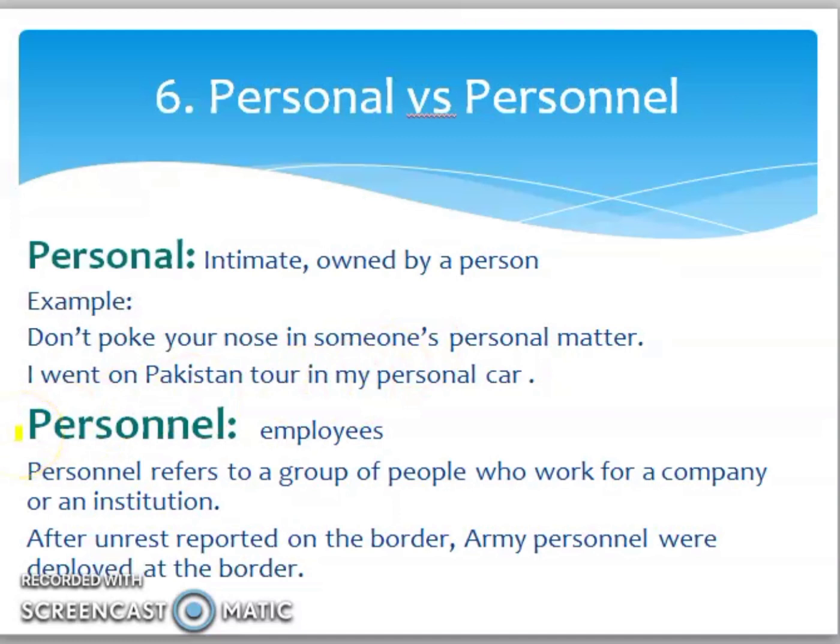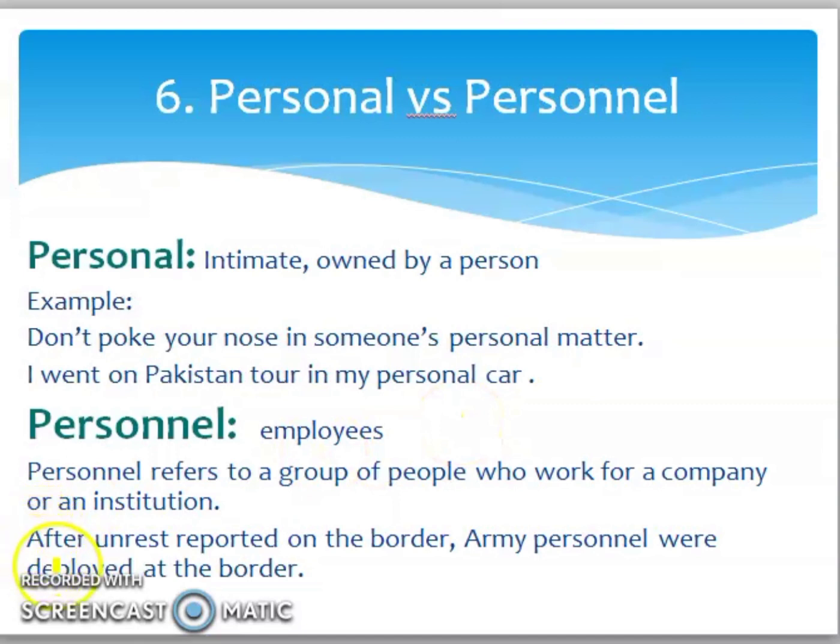Intimate. The second, personnel, with double L, double N-E-L. It refers to employees, right? Personnel refers to a group of people who work for a company or an institution. Okay, so we could suppose the meaning of employees.